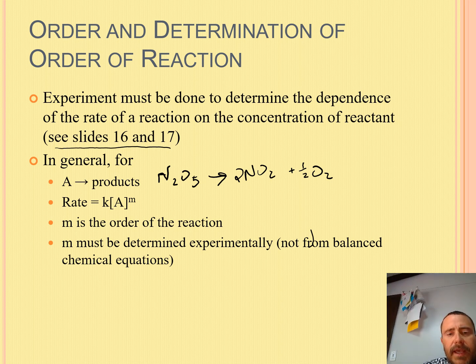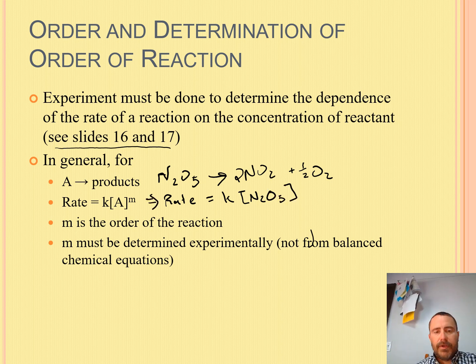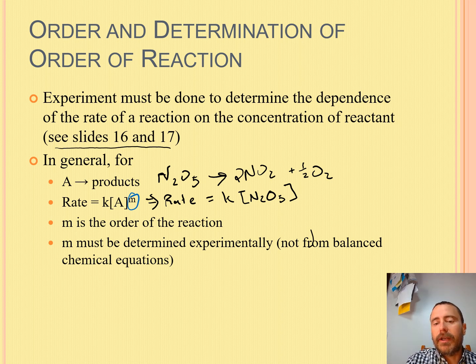Then the rate was equal to k times the concentration of our N2O5, which is pretty much this here. The new thing in here is this m, and m is the order of our reaction. In our example, there's no number there, so our m has to be 1. It's implied 1.